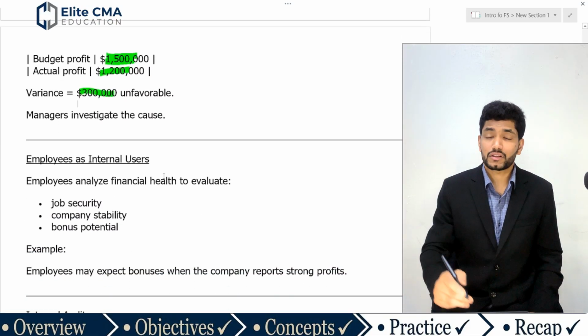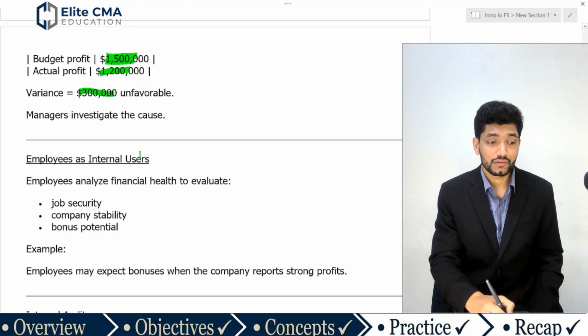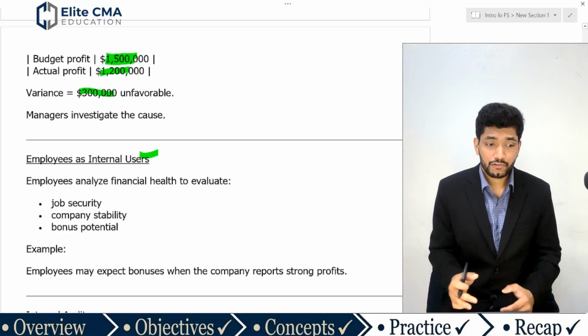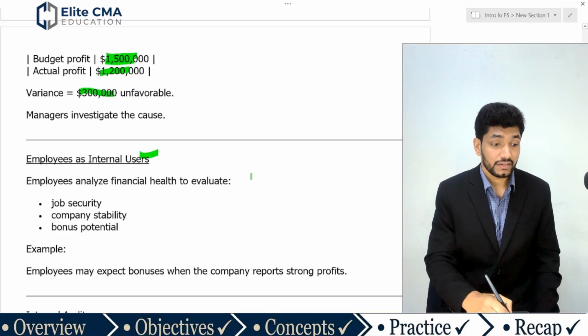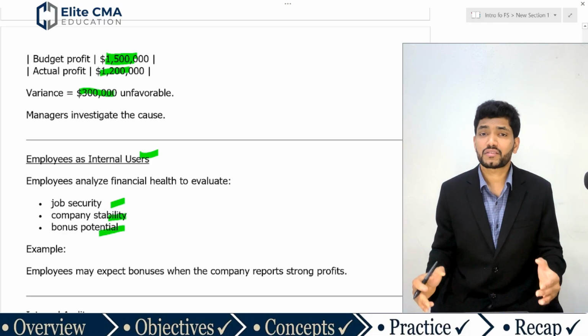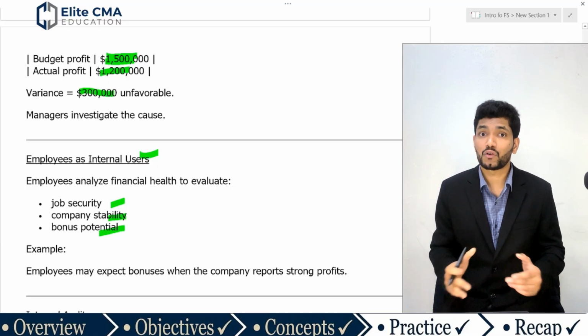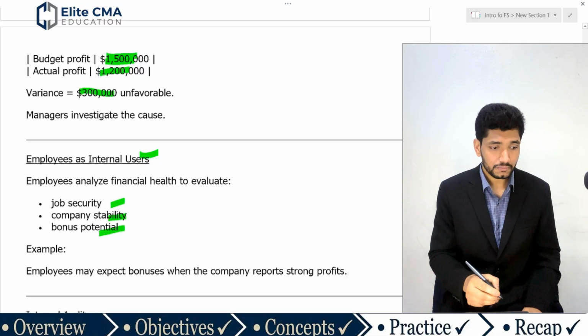So let's move on to the next user, that's employees. Employees analyze the financial health to evaluate their job security, company stability, and bonus potential. All these things are why employees are interested in evaluating the company's performance through the financial statements.